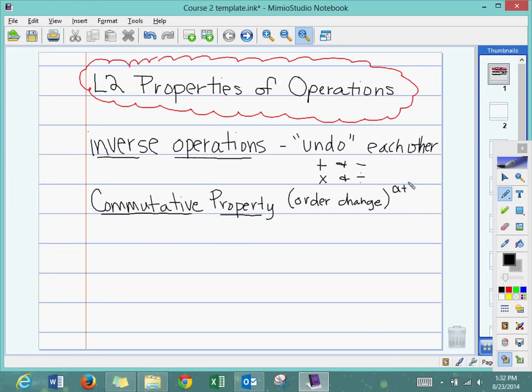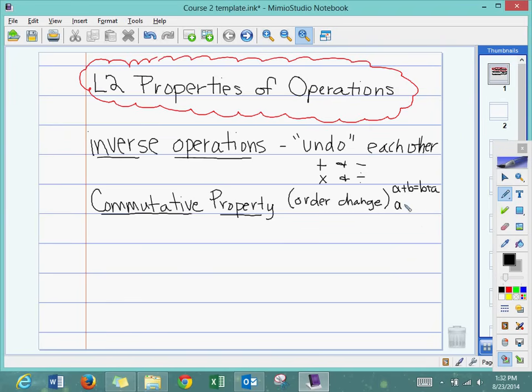A plus B equals B plus A, and remember we talked about that those would be variables and that any number can be substituted in there. So a number plus a number is equal to that second number plus that first number.